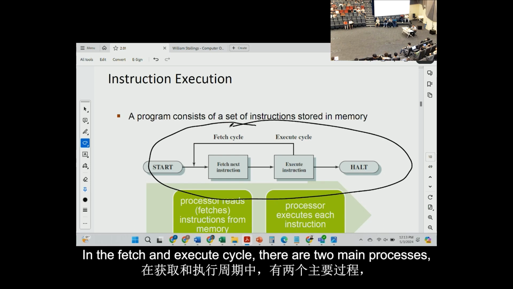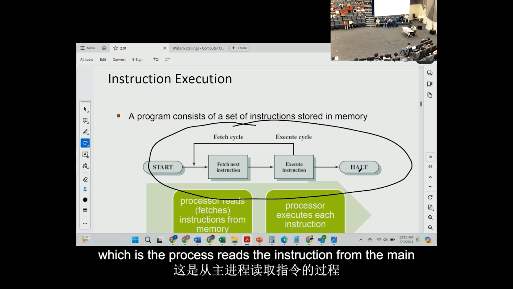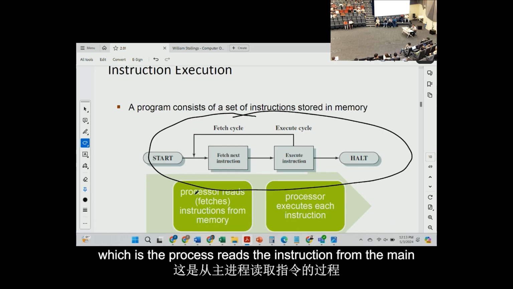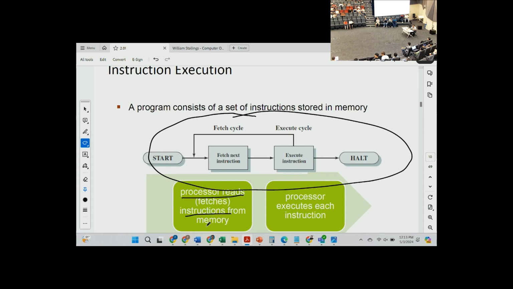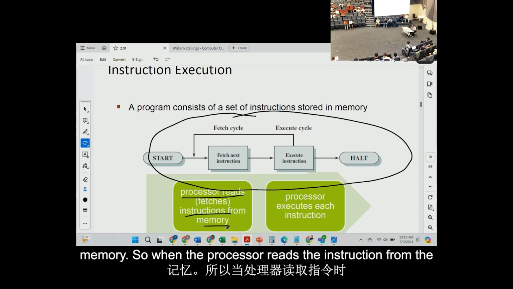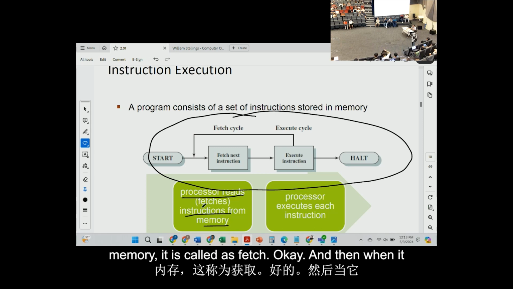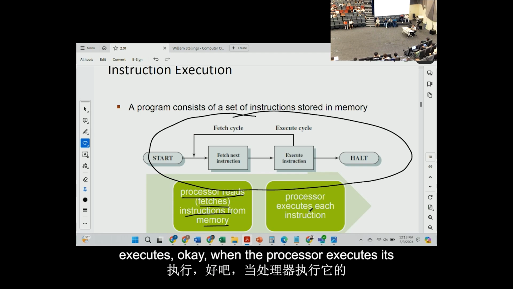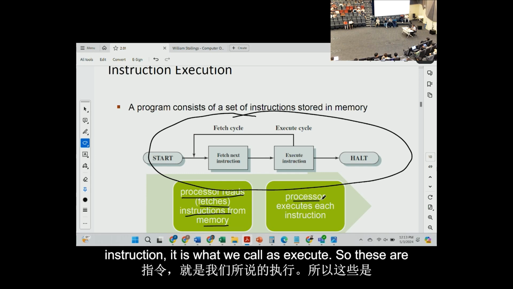In the fetch and execute cycle, there are two main processes. The processor reads the instruction from the main memory. When the processor reads the instruction from the memory, it is called fetch. And when the processor executes its instruction, it is what we call execute.